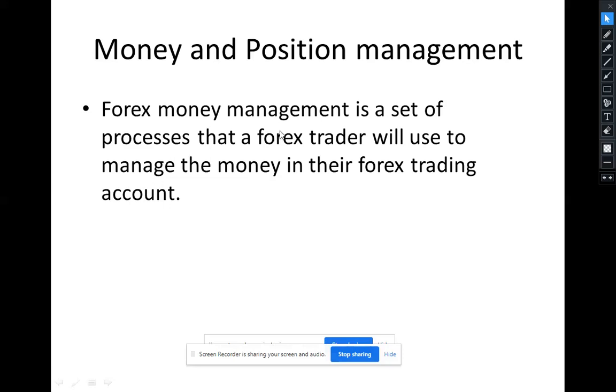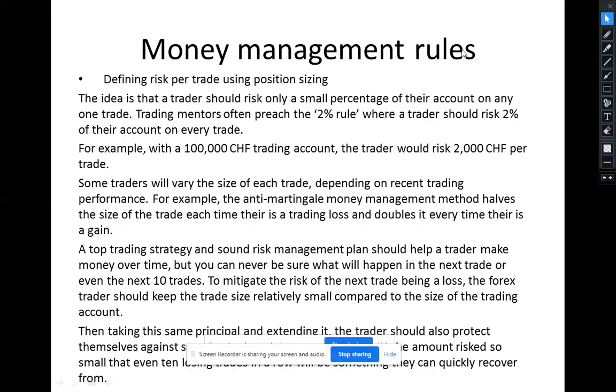So when we talk about forex money management, it's a process that the forex trader will use to manage the money in their trading account. Now, we have the money management rules. For example, the first rule I want to discuss is defining risk per trade using position sizing.